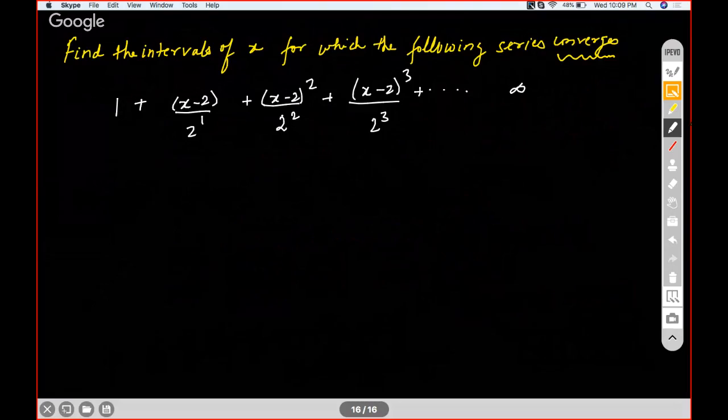Is it minus 3 by 2 to 3 by 2? No. Is it 0?